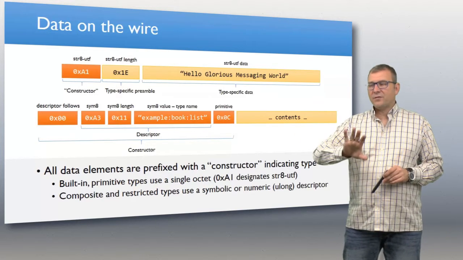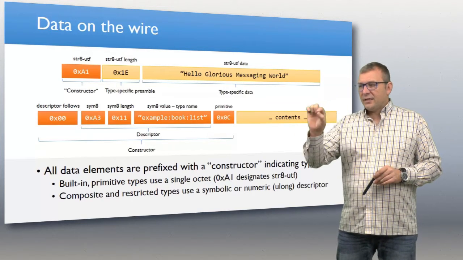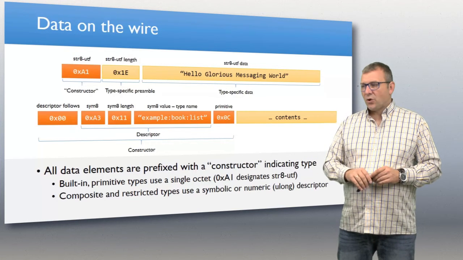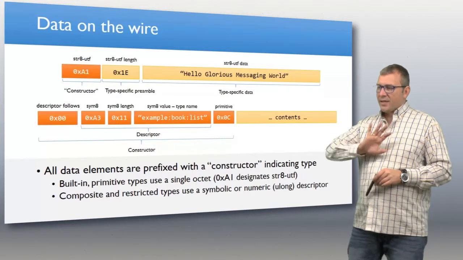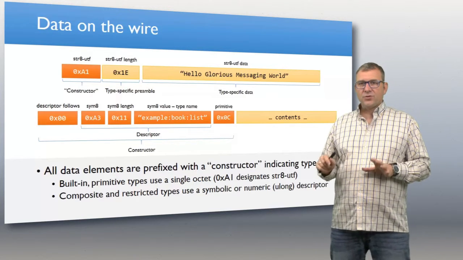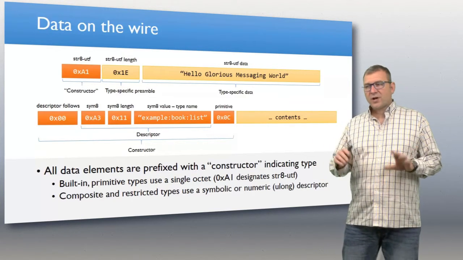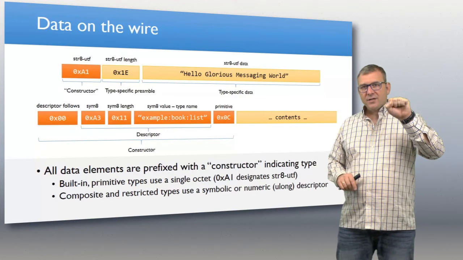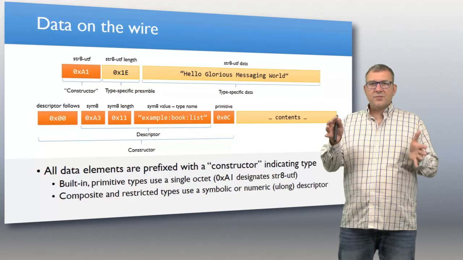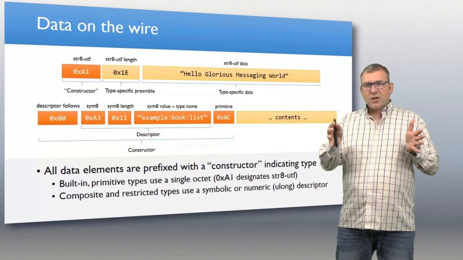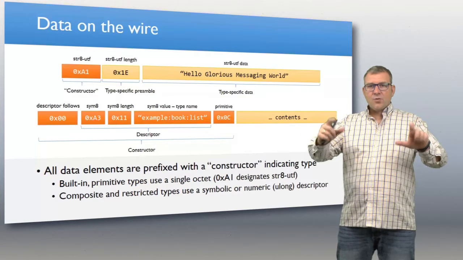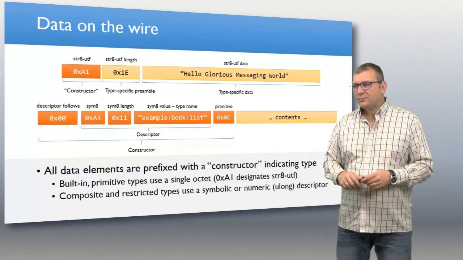You're going to get an example of those in a moment, and then the list has a constructor code of hex 0C, and then the contents follow. So you have 2 ways of expressing these constructors. One is by just having a type indicator and then immediately following the data, or you have these more complex descriptor constructs that allow you to reference any external type.